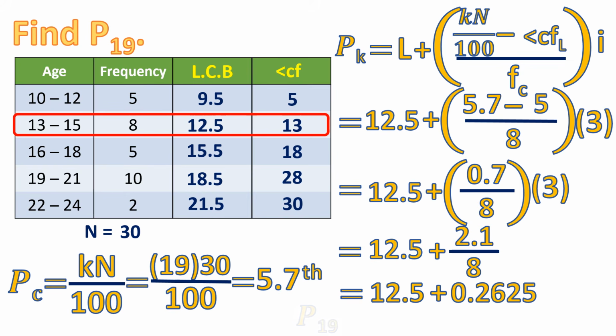And then we're going to get the sum. So we'll round to 2 decimal places, approximately equal to 12.76. So this means 19% of the data is lesser than 12.76.